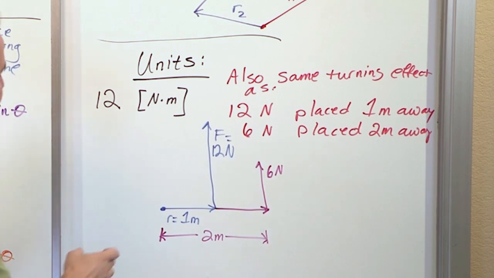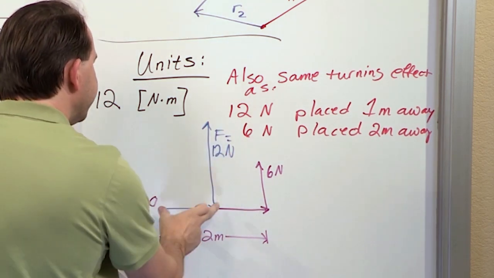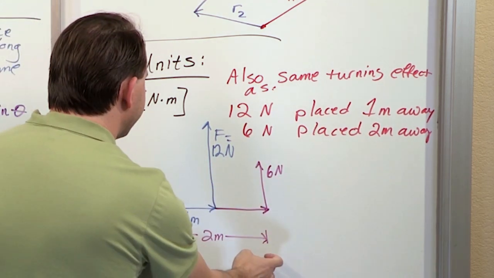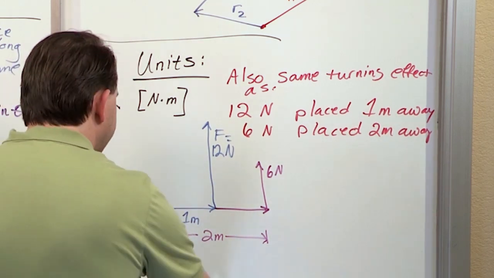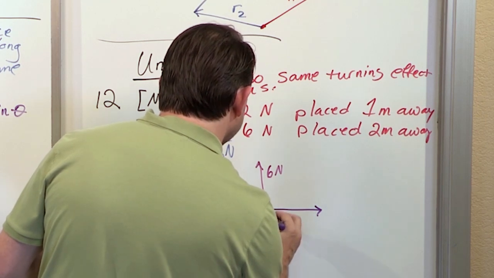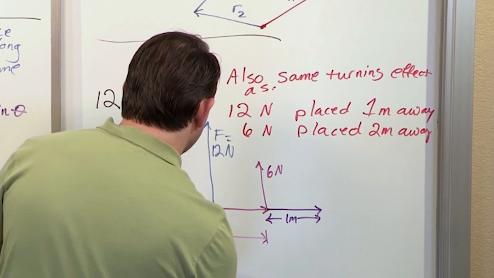So what I'm trying to say is the turning force about the origin of 12 newtons acting 1 meter away is exactly the same as 6 newtons acting 2 meters away, which is also the same as if we go, let's say 3 meters, let's go 1 more meter. So let's call this 1 meter. So the total distance would be 3 meters.